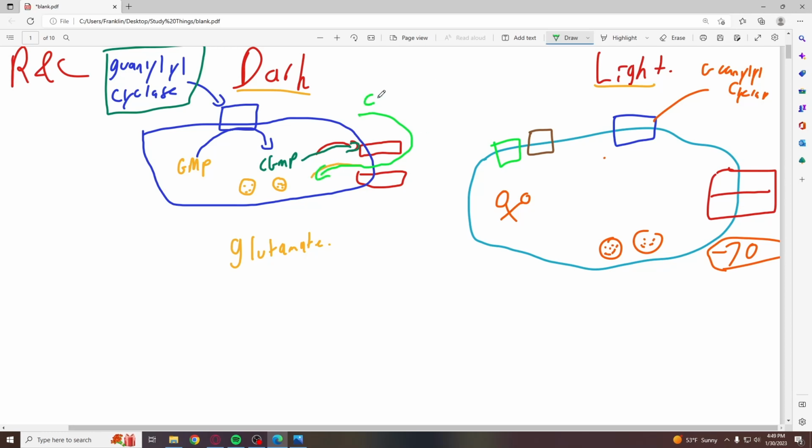For example, Na+ and calcium. There can be more coming in, but these are the 2 main ones.